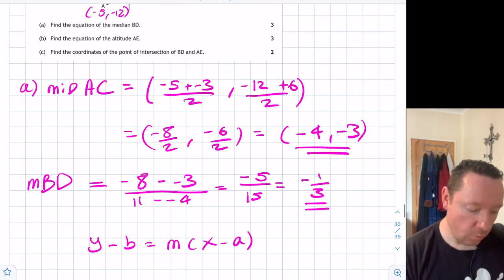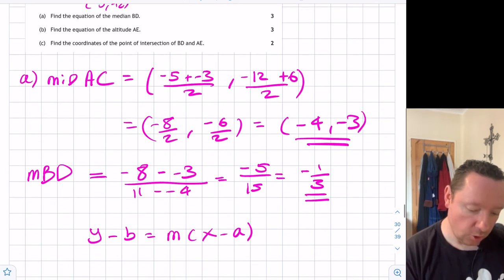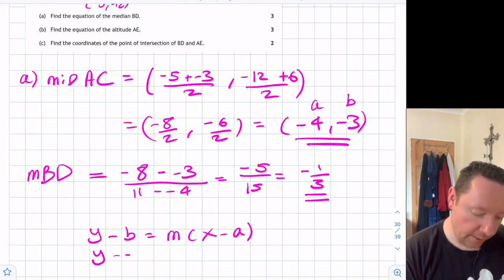We've now got our gradient, so we can use y minus b equals m(x minus a). Any of the two points you want, either B or D. I'll just use the one that I can see, so I'm going to call that our a and that our b. y minus -3 equals -1/3 (x minus -4).